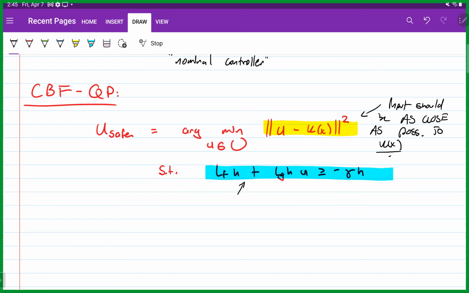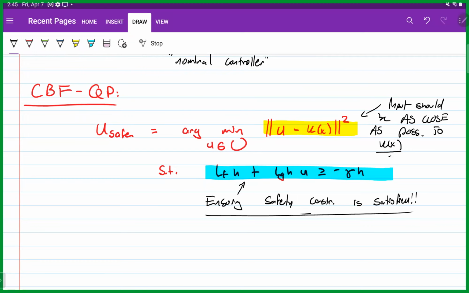So we're saying get as close as we can to this trajectory tracking input K of X, while ensuring our safety constraint is satisfied. All right. So this is all that this optimization is saying. It's saying, give me the argument U that minimizes this function subject to the safety constraints, and that gives us our best safe input, U safe, for the system.